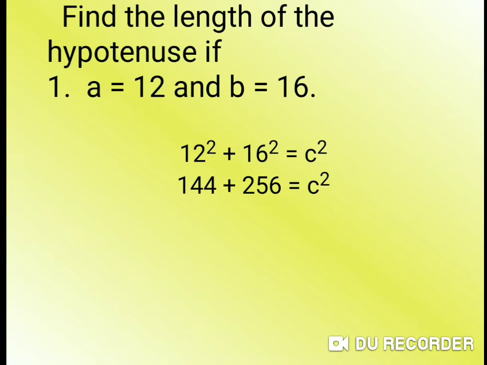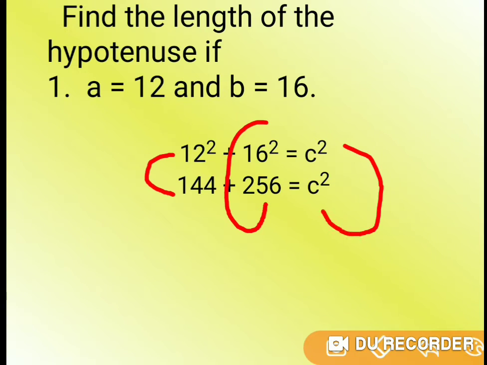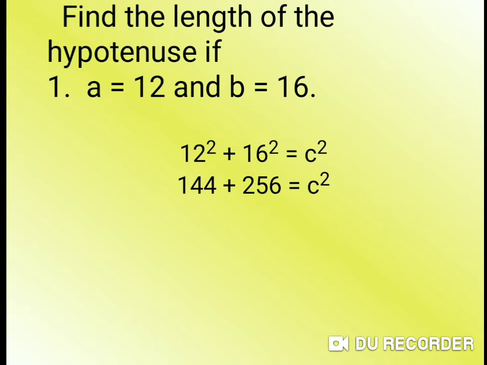Now we know 12 square is 144, 16 square is 256, and C square will remain in its place as C square. Next, we will add 144 and 256.